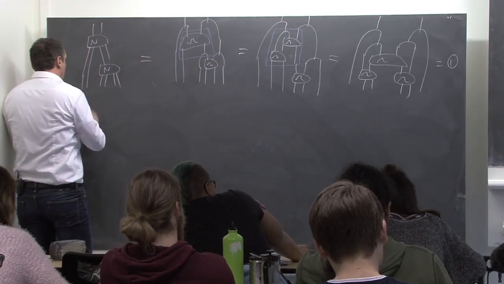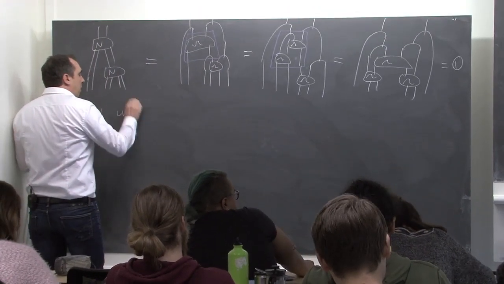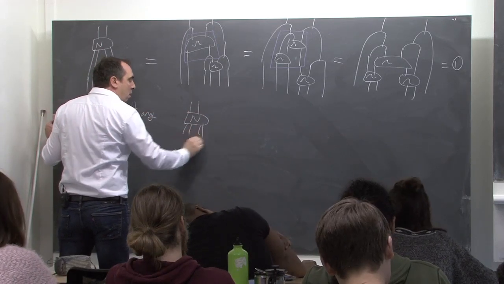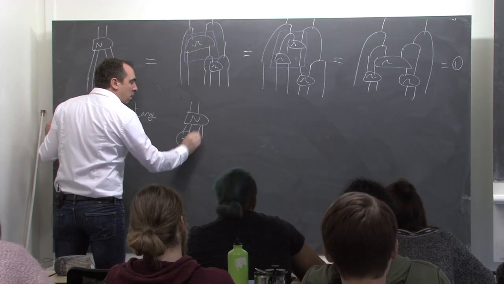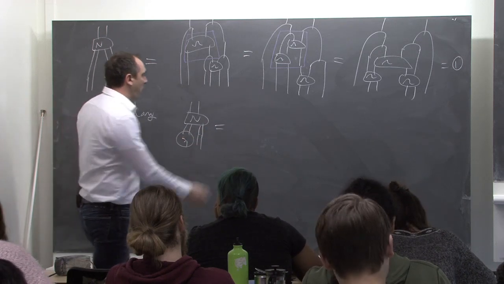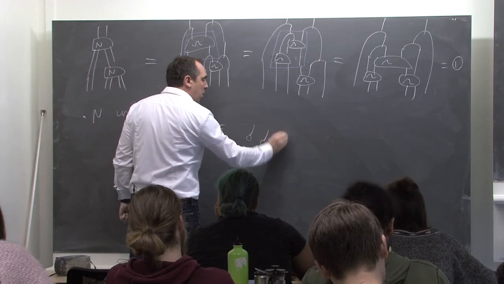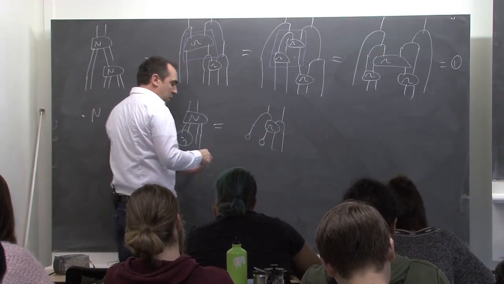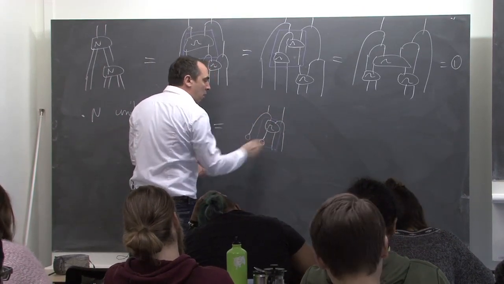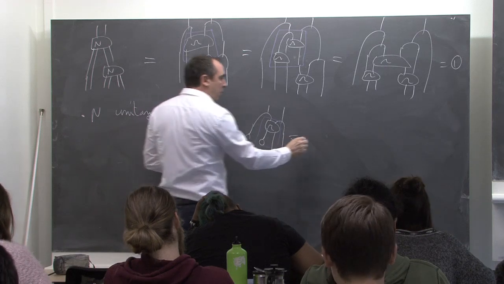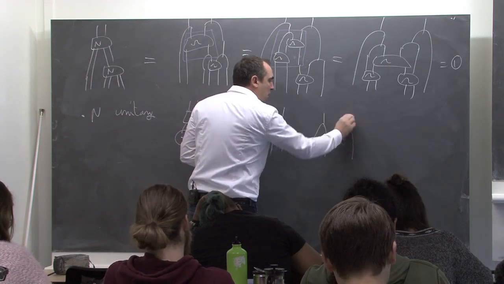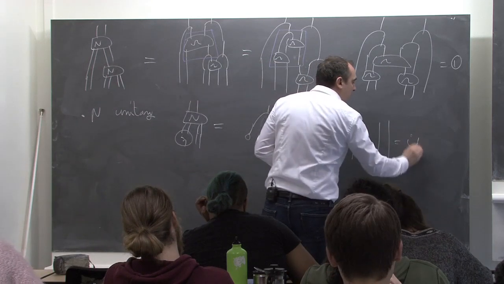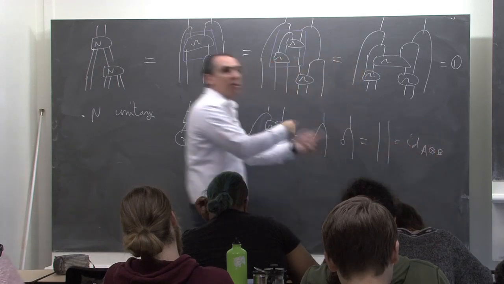So now mu is unitary. So if I put mu and the unit, so what is it? Omega. We have an axiom here which says that it is simply the identity of A tensor B, and similarly for the other one.